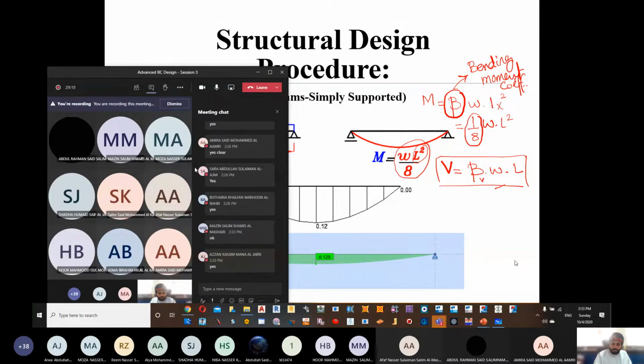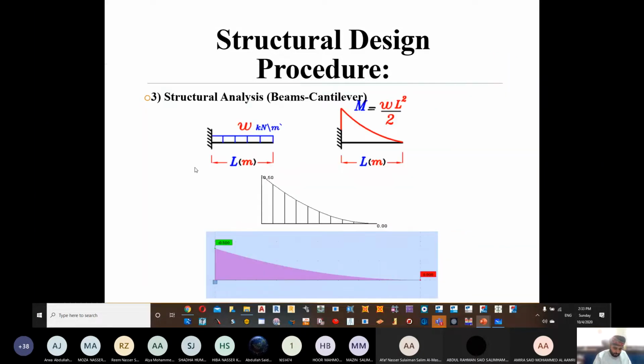Now, if I ask you, for example, for a cantilever, what will be your coefficient?